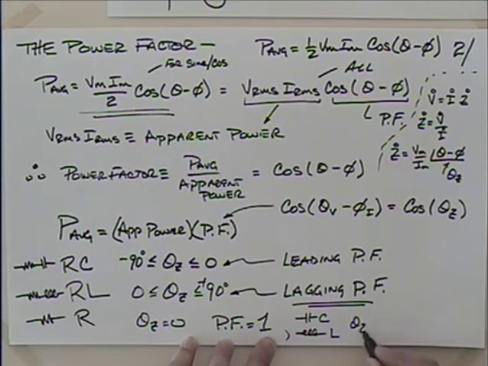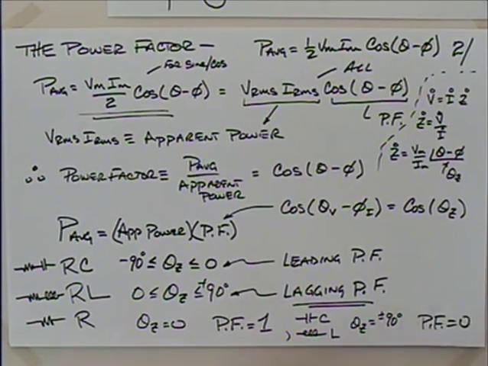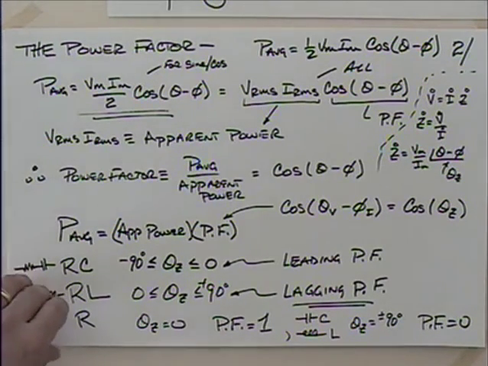Theta sub z is going to be what? Plus or minus 90 degrees, ideally. If it's purely capacitive, negative 90; purely inductive, positive 90. What's the cosine of plus or minus 90? Yeah, your power factor is equal to 0, isn't it? Okay. So now we can start to describe things, instead of with the impedance, with the power factor if we want to.